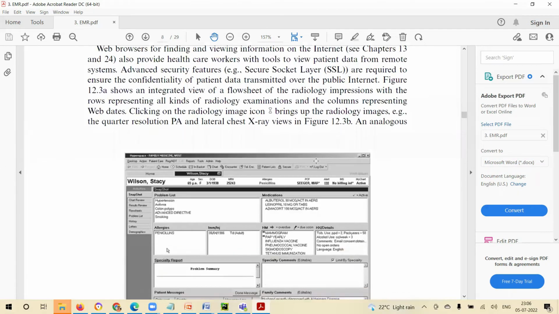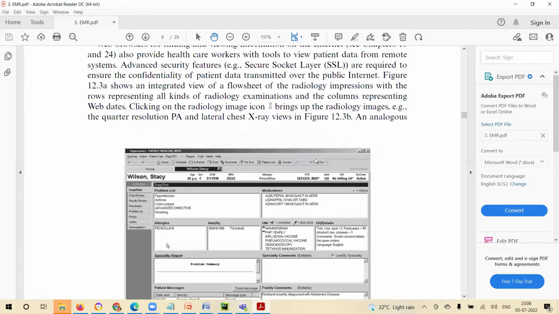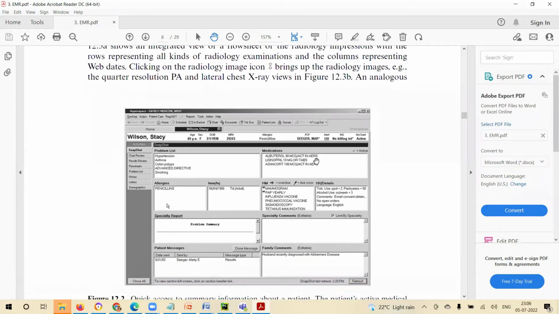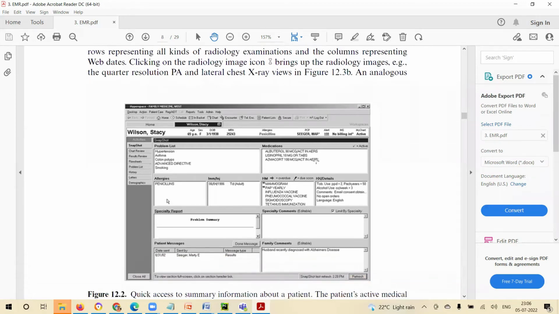Of course, this is a sample. This is how an EHR screen looks like, a sample EHR screen. When you log in to your dashboard, you see the patient name, patient age, address. Stacy Wilson is the patient name. This view will change based on who is watching.